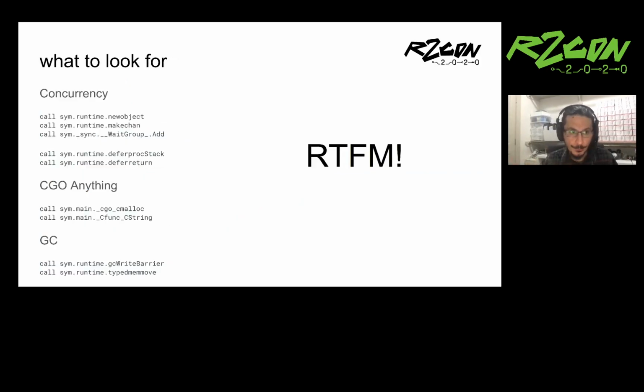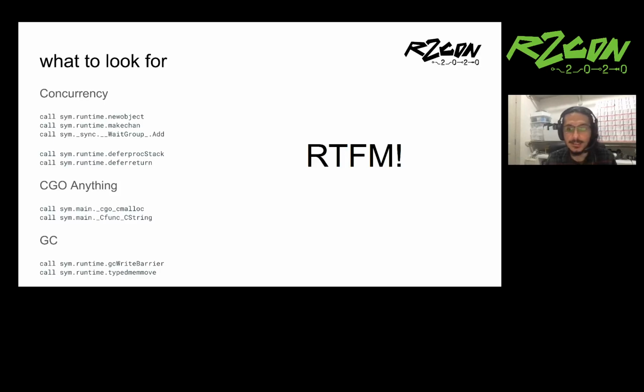So what to look for as far as Go internal functions. If you're looking for concurrency, get familiar with these particular functions. So runtime.newobject, and runtime.makechan, which indicates that Go channels are being used. Wait group, when you're passing functions to a wait group and calling those as goroutines. Deferproc, deferreturn when you are deferring specific functions.